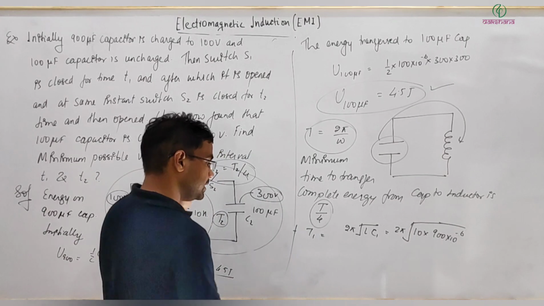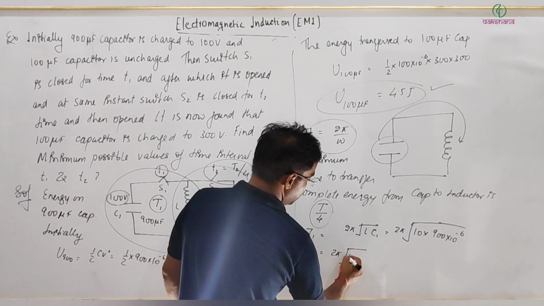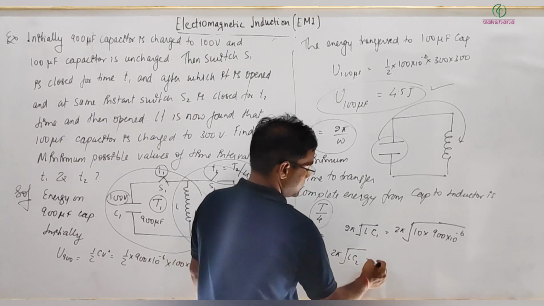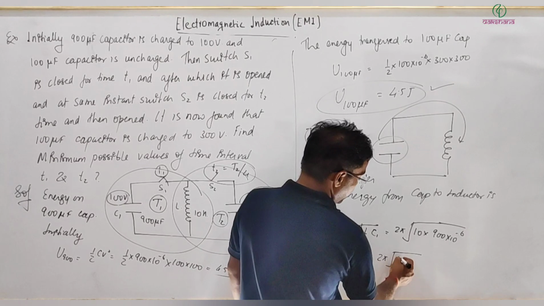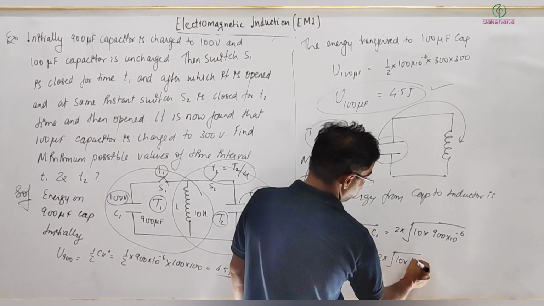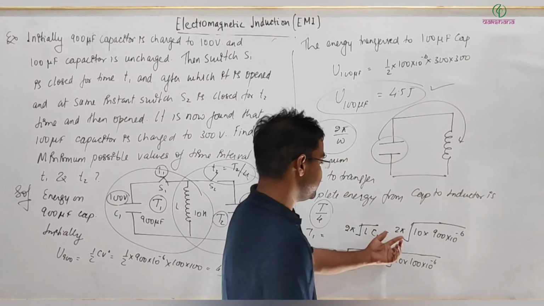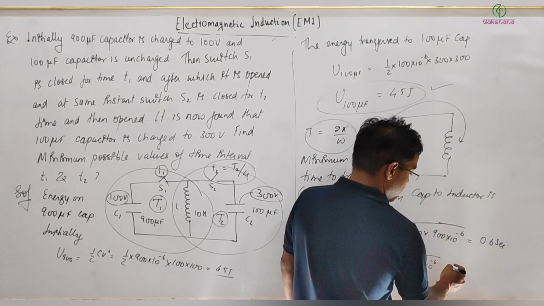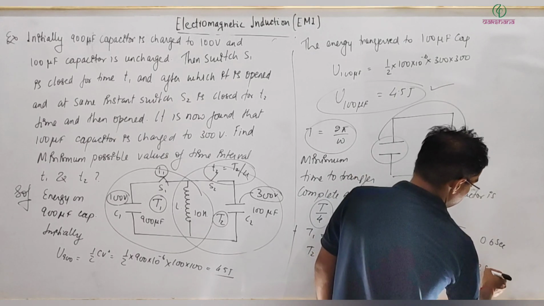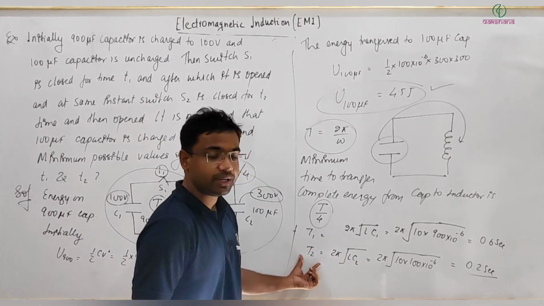Similarly, capital T2 is 2 pi under root L C2, that is L into C2, 100 microfarad. Solving this, we get 0.6 second and 0.2 second. So this is capital T1, this is capital T2.